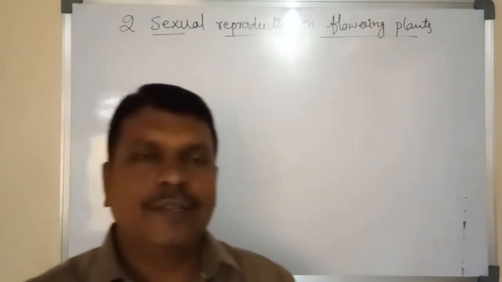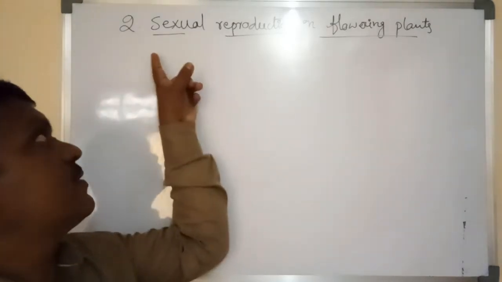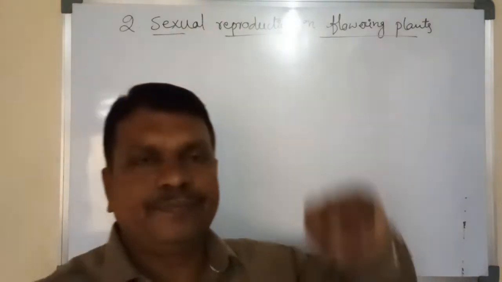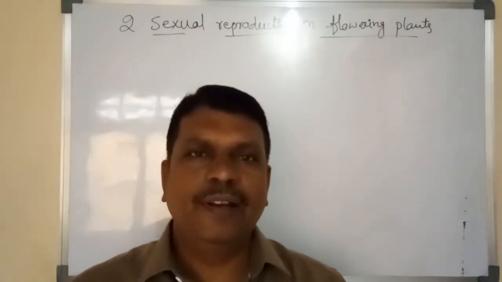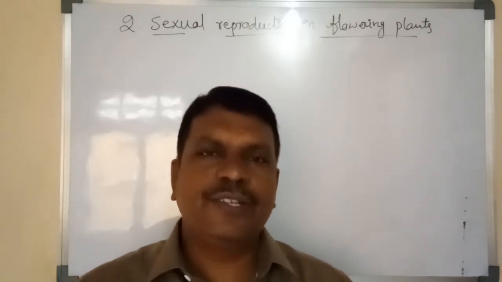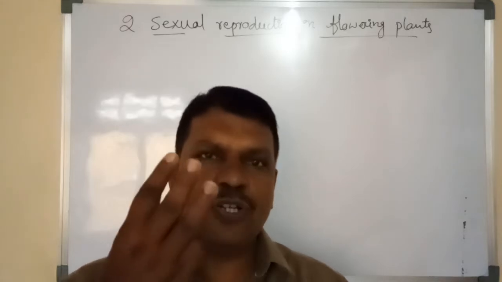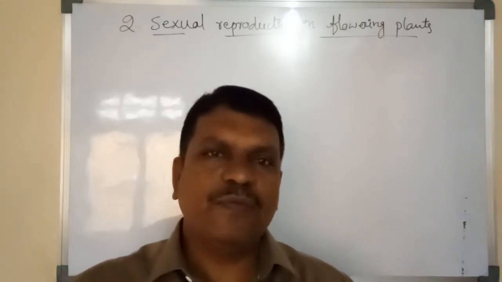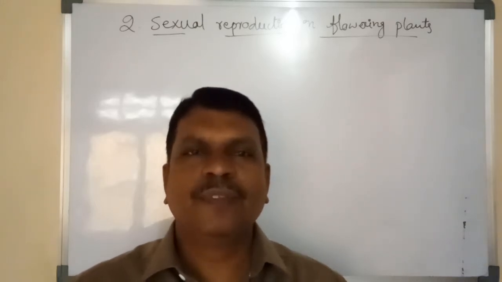Today we will discuss the second chapter from second year, sexual reproduction in flowering plants. Very important chapter. It has very good weightage for the NEET objective exam. Minimum 3 questions and maximum 4 questions are frequently asked from this chapter.